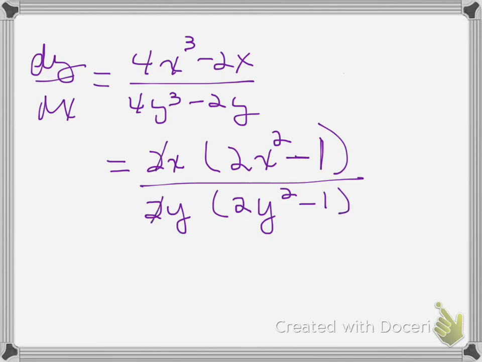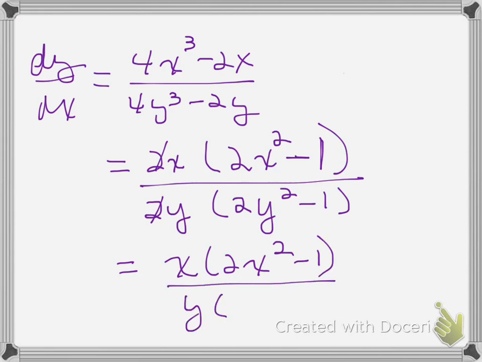Alright, the 2's can cancel. So my final answer can be this. I prefer it in this form so that you have some factors. There you go. That's a nice, clean answer that you can do a lot with. So that's 5. Let's go on to 7.